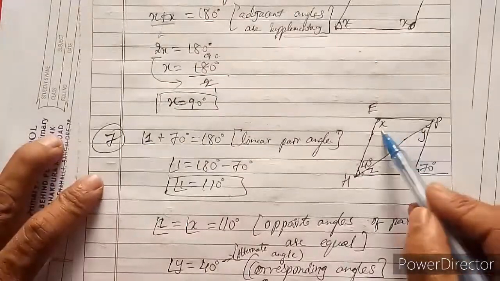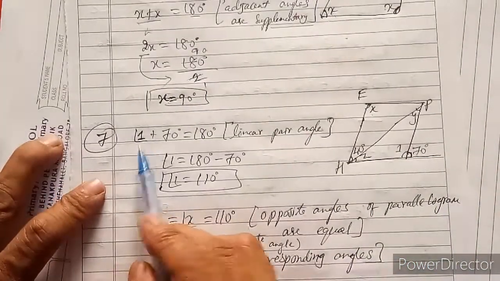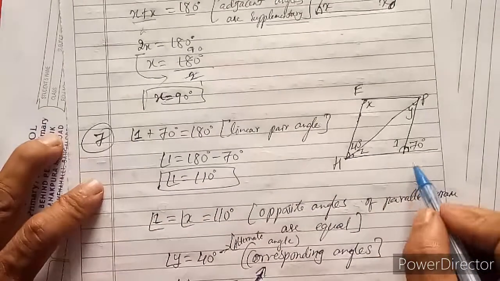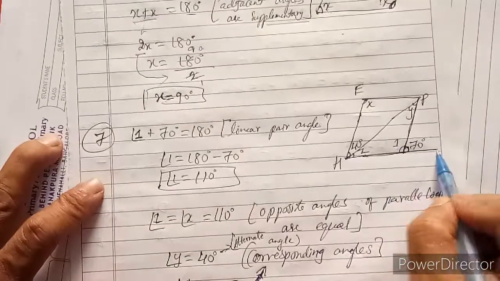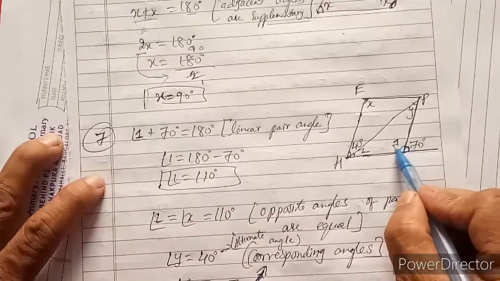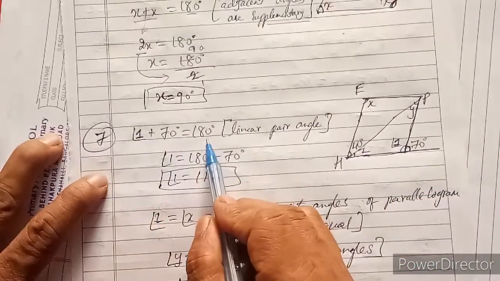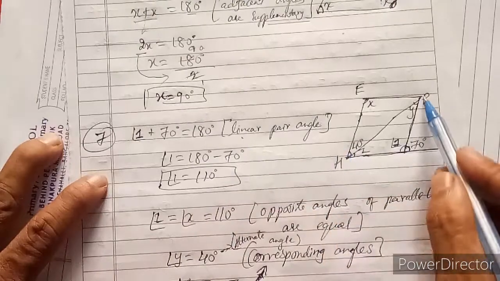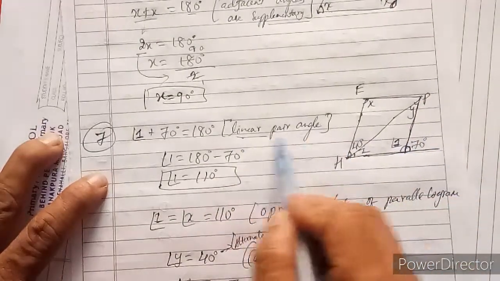First you see x, y and z, and this angle is 40 degrees. Angle 1 plus 70 degrees, here I have taken the angle inside. See here, this is the perpendicular, this is the baseline. We know that we got a T form, and we name this angle 1. Angle 1 plus 70 degrees is equal to 180 degrees, that is for a linear pair. This is one line, the baseline, and the two angles on it form a linear pair.